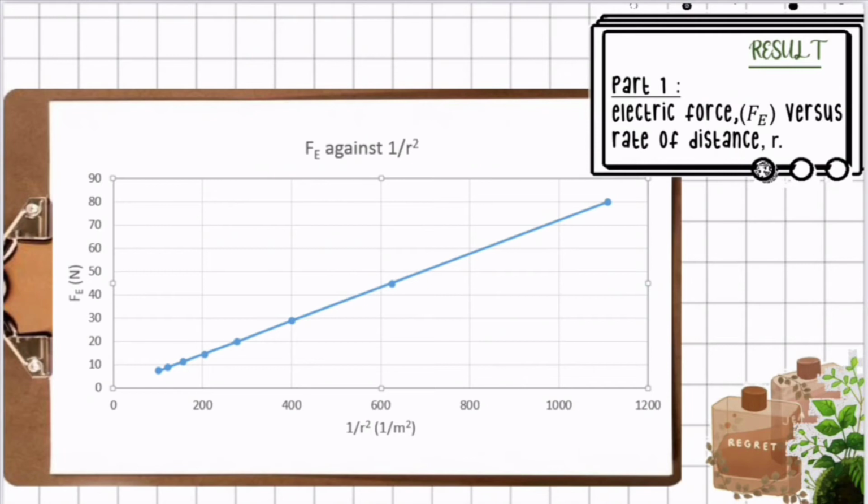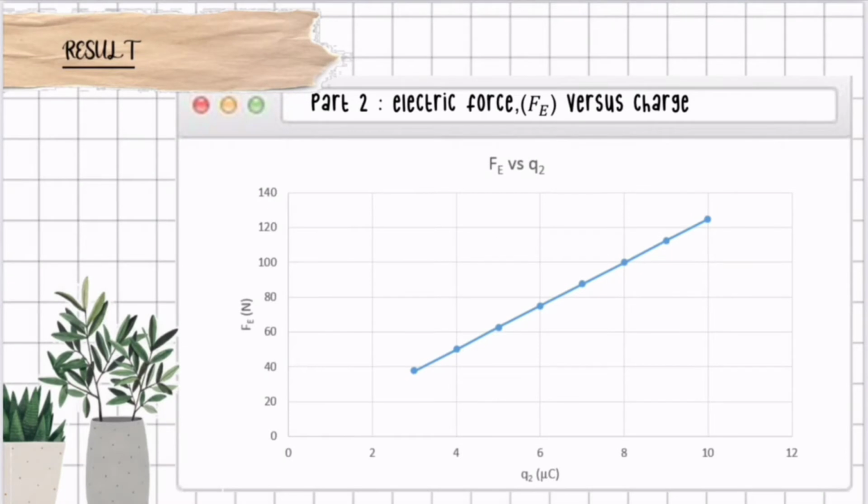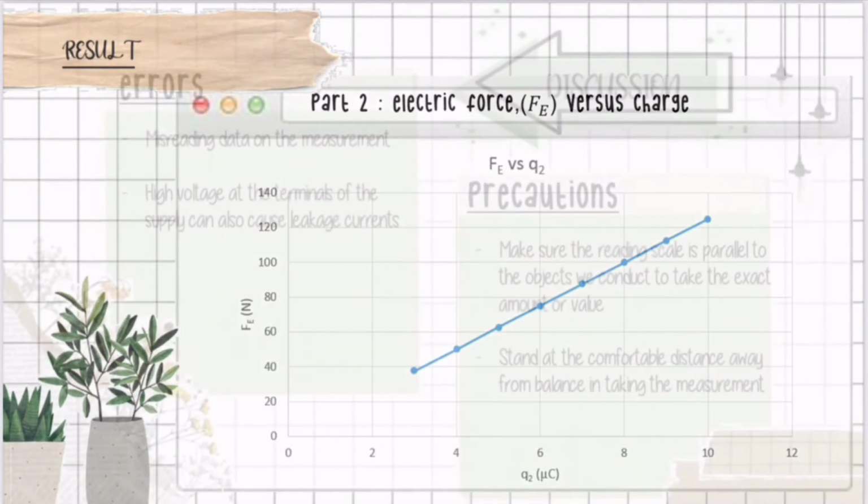Meanwhile, for this graph, it shows the graph between electric force versus the rate of the distance, and we can see that the higher the rate of the distance, the higher the electric force. For the result of part 2, we can see that the graph shows electric force versus charge. From this graph, we know that when charge increases, the electric force also will increase.